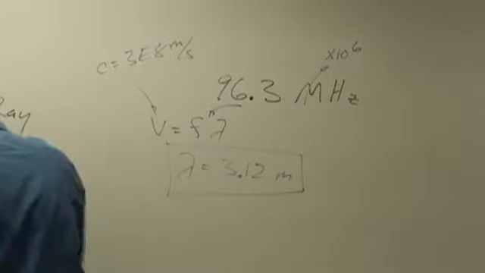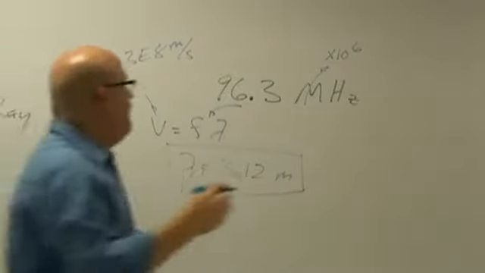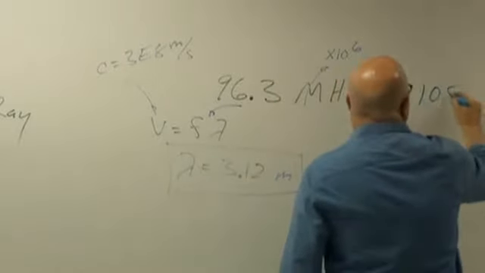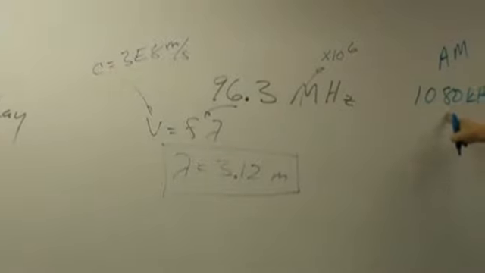Let's say you wanted to listen to the traffic report on 1080 KRLD. KRLD is AM, and AM is kilohertz. So 1080 kilohertz.